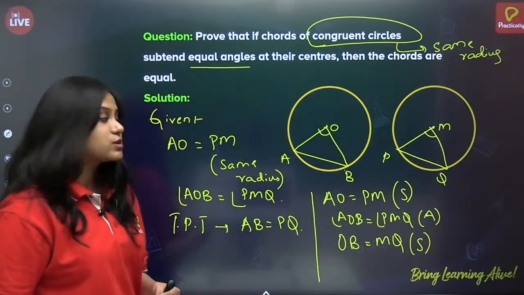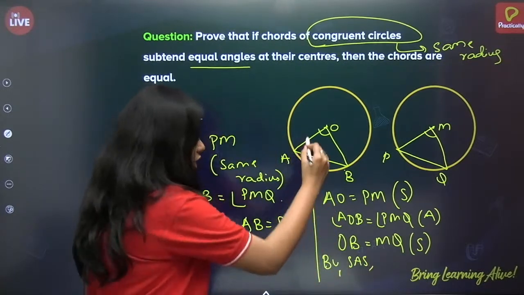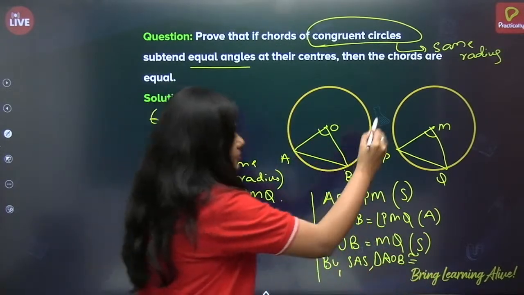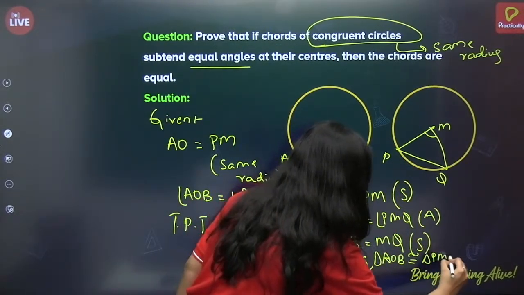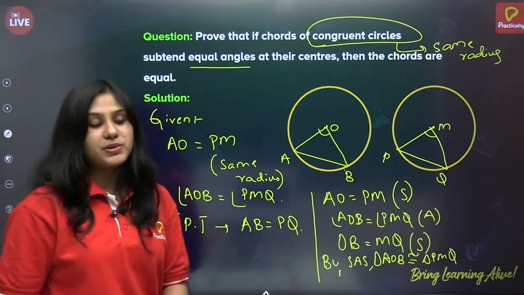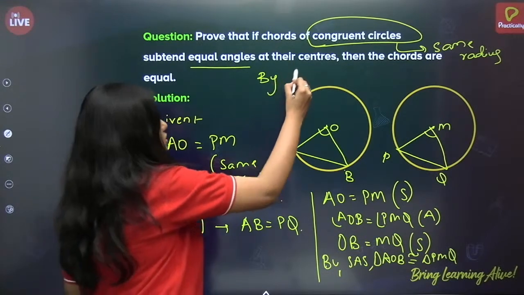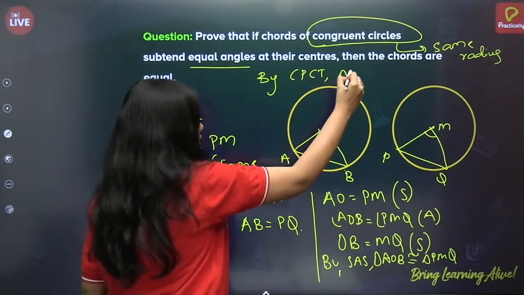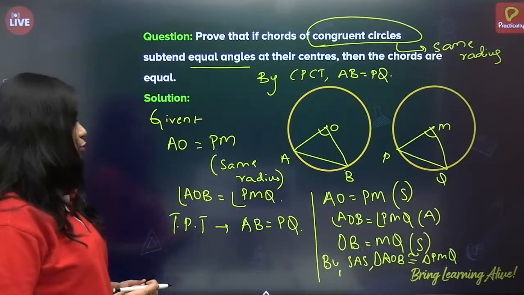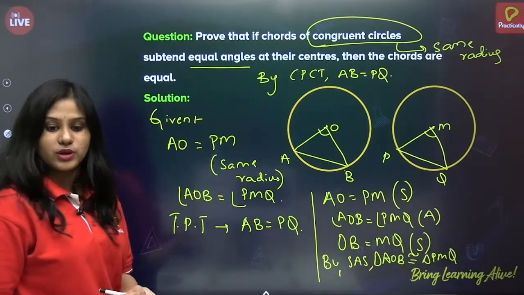So by SAS congruency, triangle AOB is congruent to triangle PMQ. Correct? Once we have proved that these two triangles are congruent, using CPCT, we can easily tell that AB is equal to PQ. Right? I hope you have followed. So hence we have proved that both chords are equal. Correct? Next.